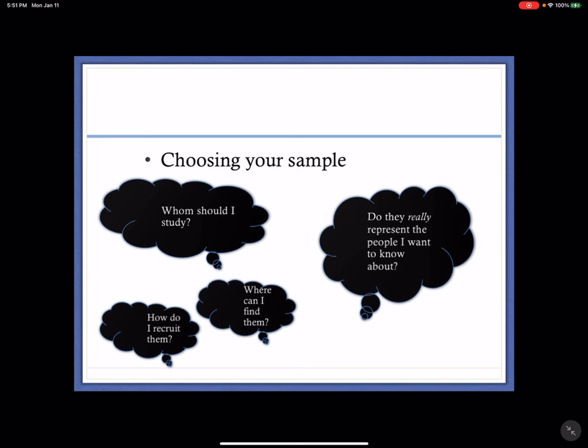After we've got the hypothesis and the lit review under control, we're going to choose our sample. Whom should I study? How do I recruit them? Where can I find them? And most importantly, do they really represent the people I want to know about? So in our example of the babies, a study on babies would be much, much more useful than a study on college students.